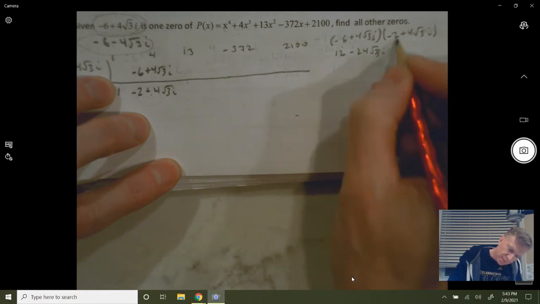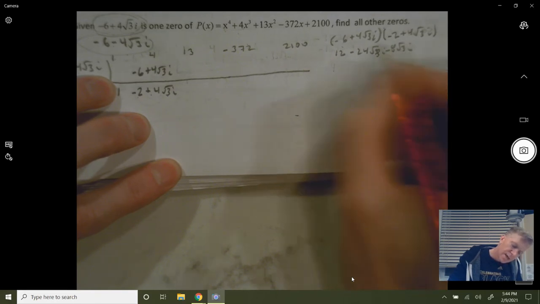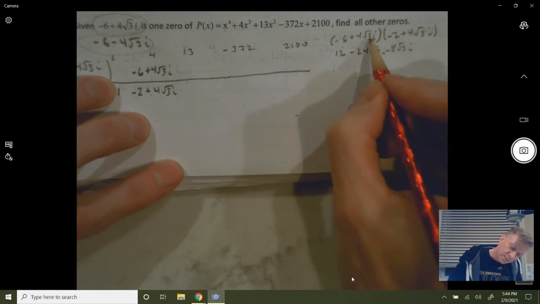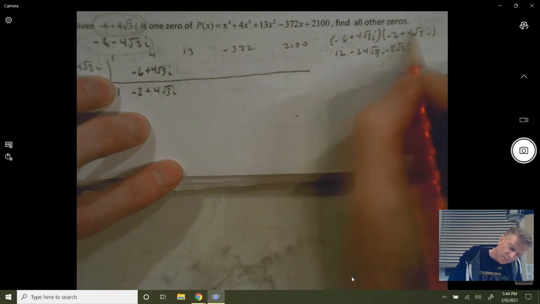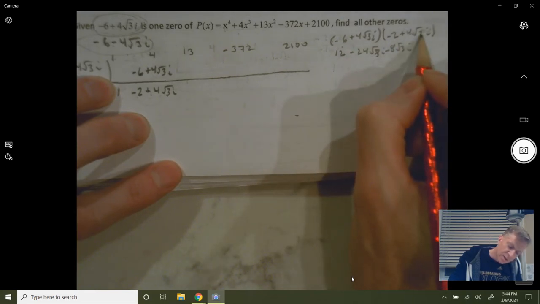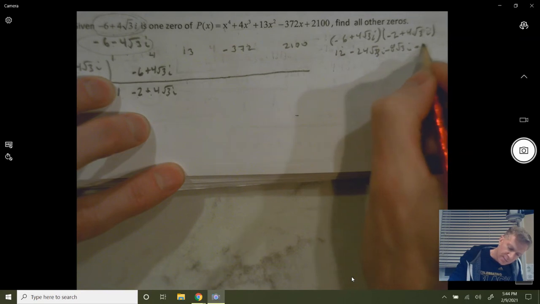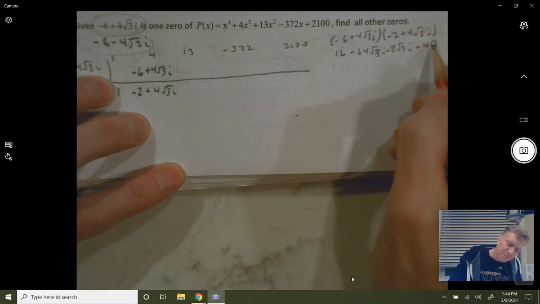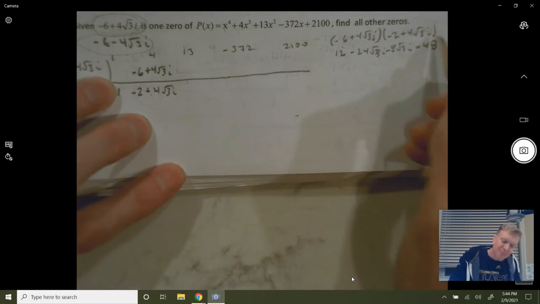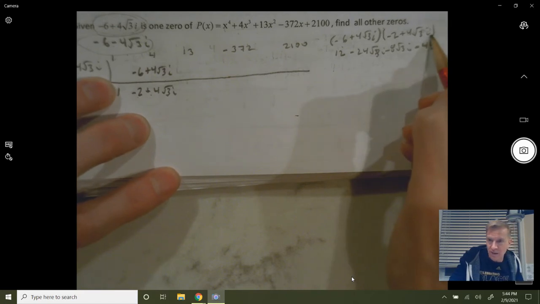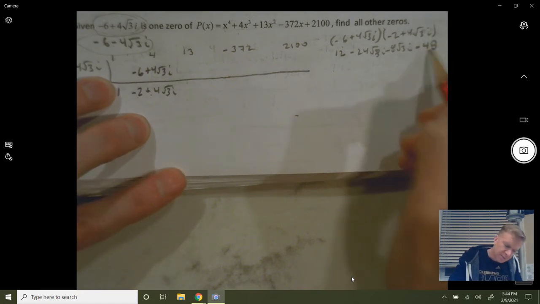The inners give me minus 8 rad 3i. And then the lasts: 4 times 4 is 16, rad 3 times rad 3 is 3, so 16 times 3 gives me 48. So I get plus 48i squared, or minus 48, because plus 48 times i squared is plus 48 times negative 1. Remember, i squared is negative 1.